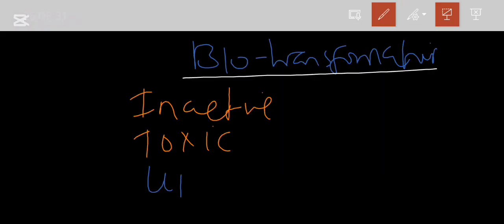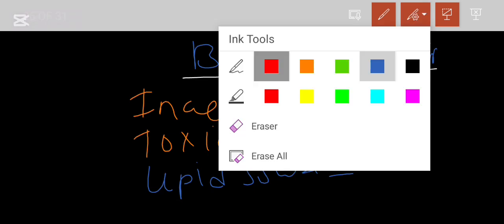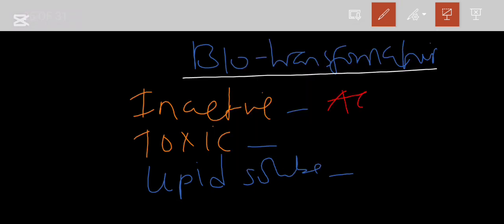They are what we call lipid soluble. So when we say biotransformation, we are rendering the inactive to be active medication by using either one, or we can use both of them.